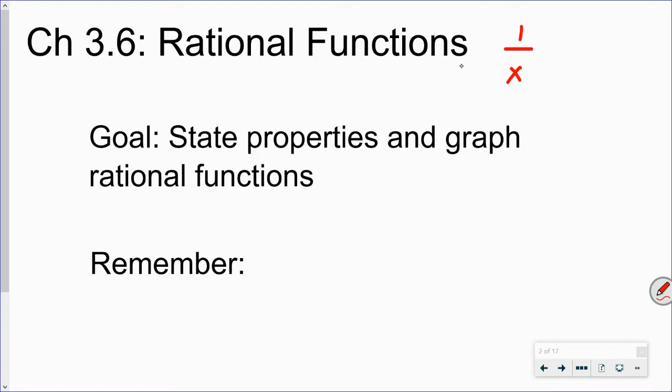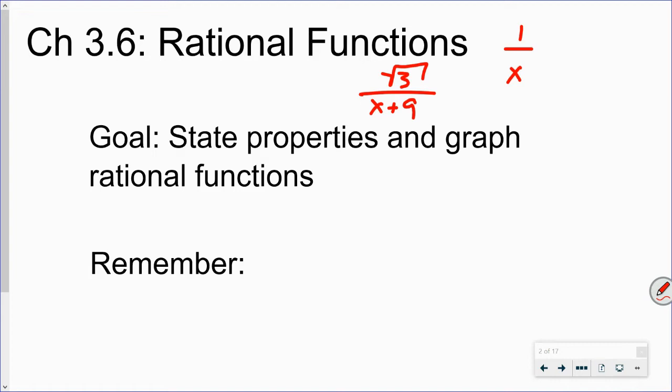You do not have to have a variable on the top, but you definitely have to have one on the bottom. This is just the parent function. You could have something like radical 3 over x plus 9. x is on the denominator, I've got a fraction, we're good. Our goal here is to state properties and graph rational functions.